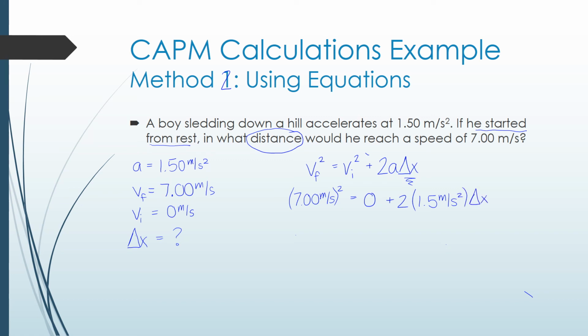We know that 7 squared is equal to 49, and I would square the units as well, so meters squared per second squared. And 2 times 1.5 is 3. Units stay the same as meters per second squared. So then to solve for my displacement, I would divide both sides by this 3 meters per second squared.